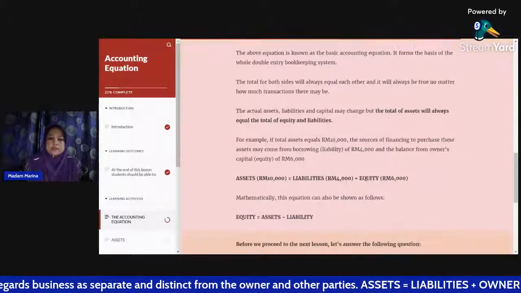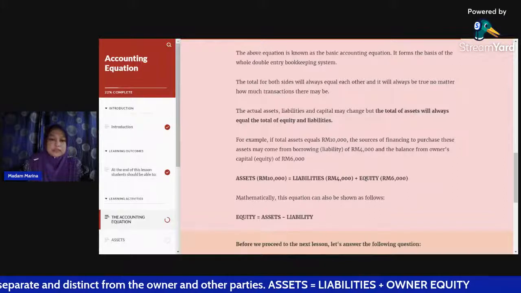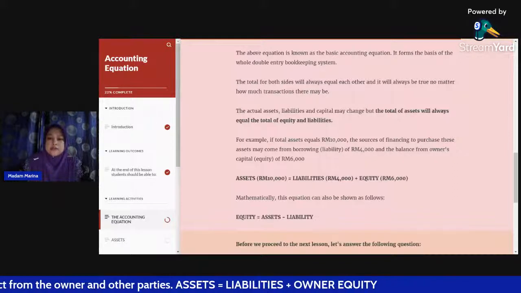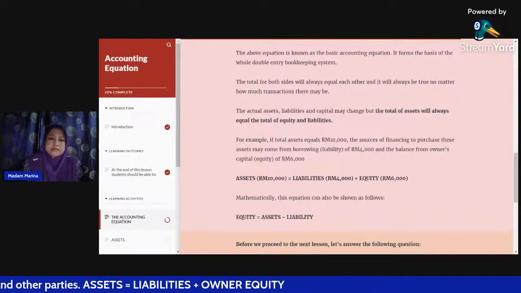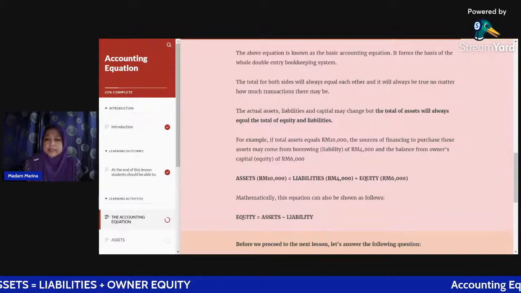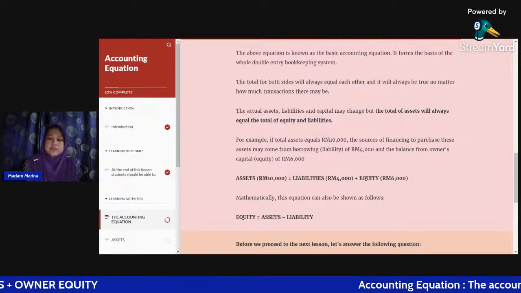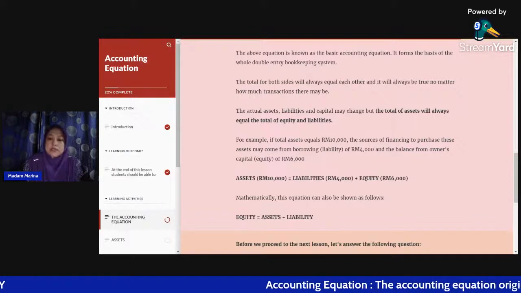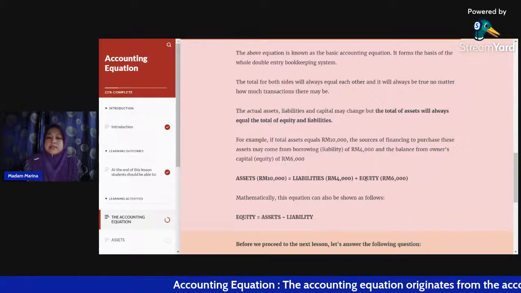For example, if the total asset equals 10,000, the sources of financing to purchase these assets may come from borrowings, liabilities of 4,000, and the balance from the owner's equity, 6,000.